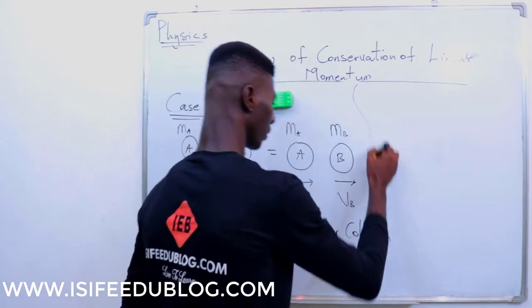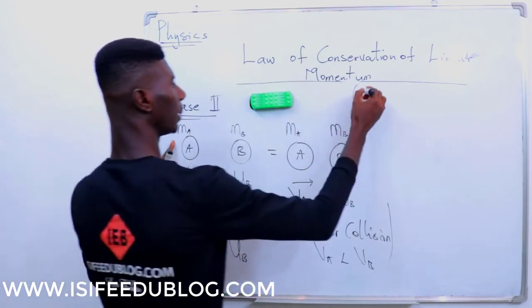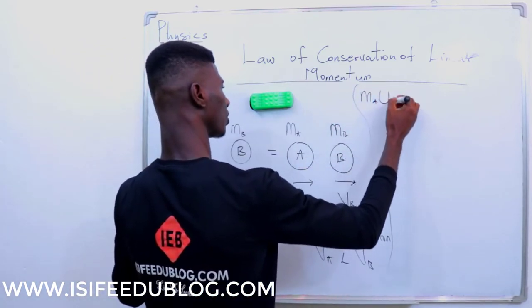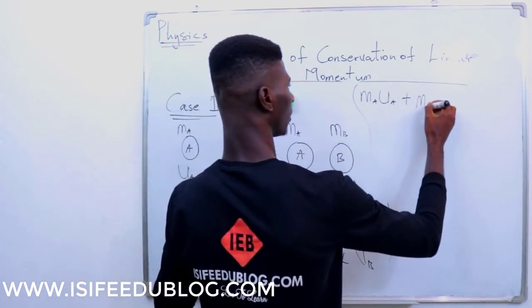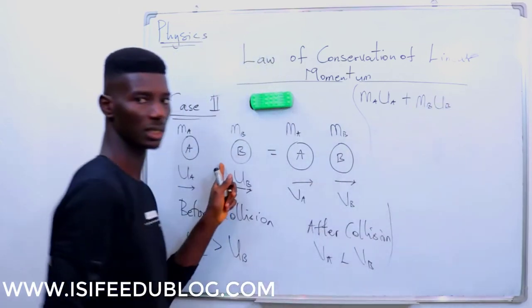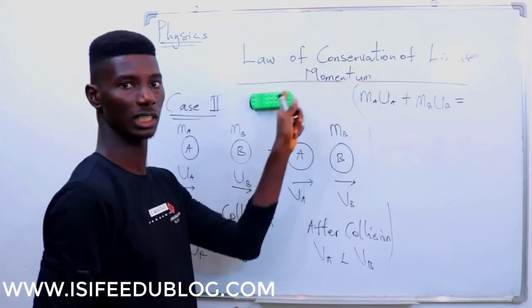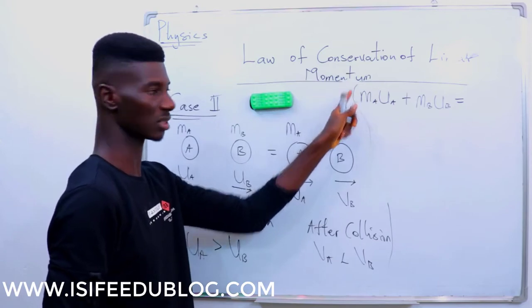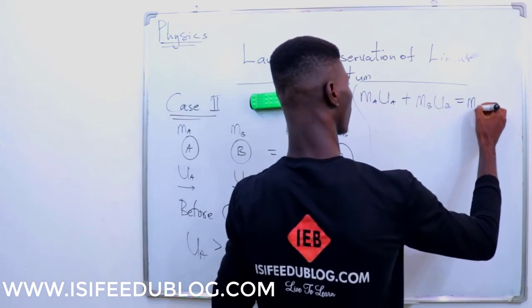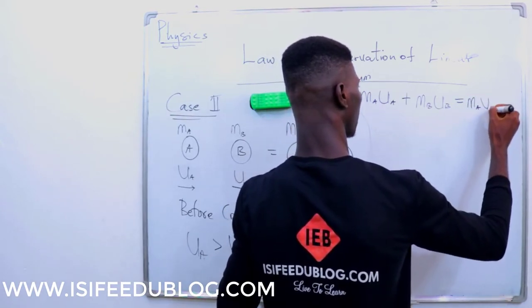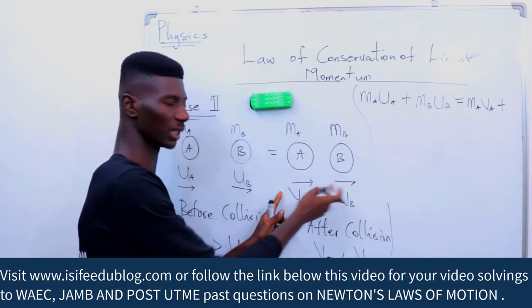Now, the total momentum before collision will give us MA times the initial velocity plus MB times the initial velocity, and this is equal to, since the law says that the momentum is conserved, it is equal to this, which is MA, the final velocity VA, plus, it is positive because both move in the same direction.